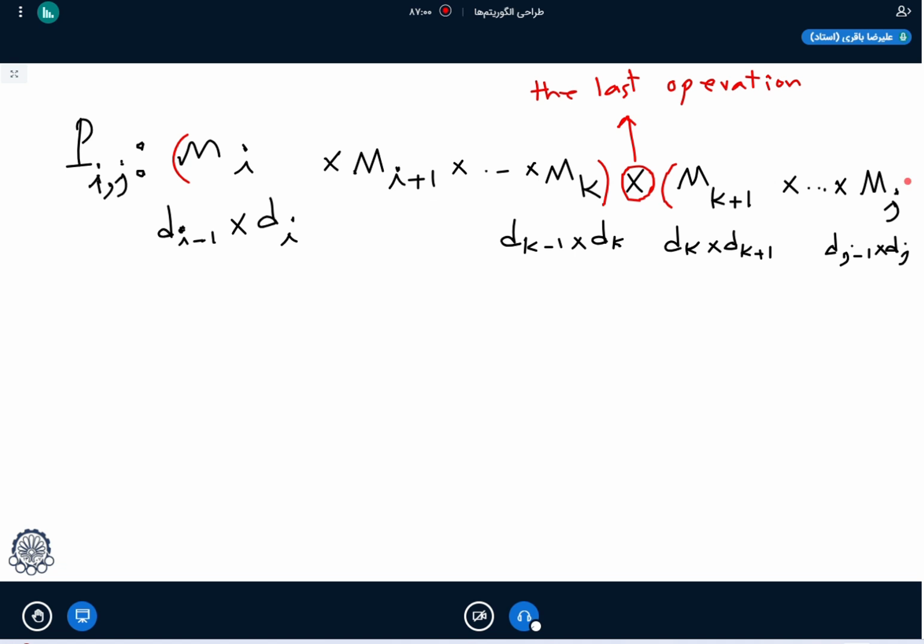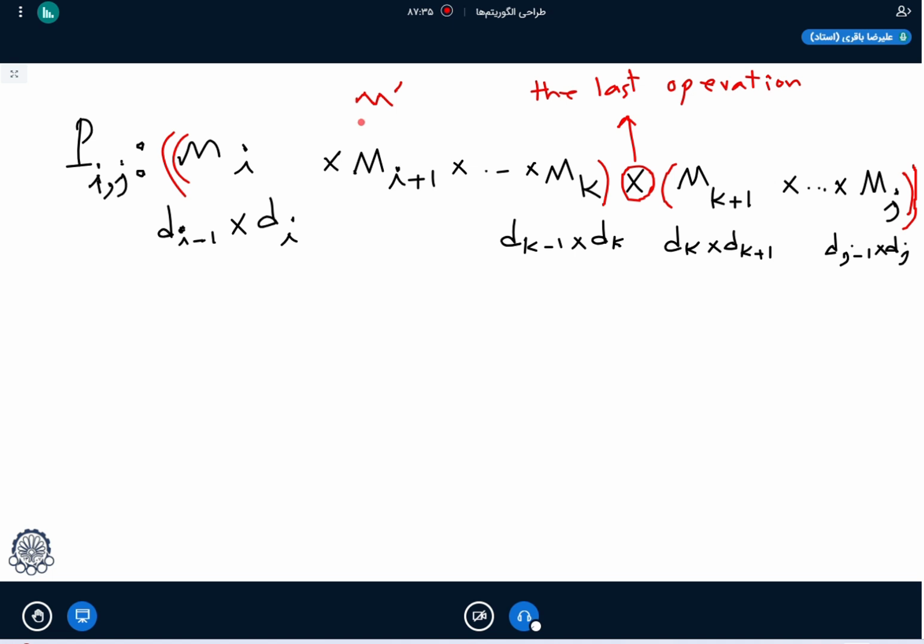The right side parentheses is computed separately. And the result of the left side is multiplied by the result of the right side. The result of the left side, if we show it by M prime, suppose M prime is a matrix that is the result of the left side.